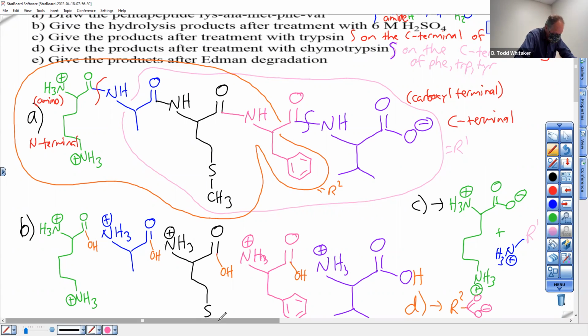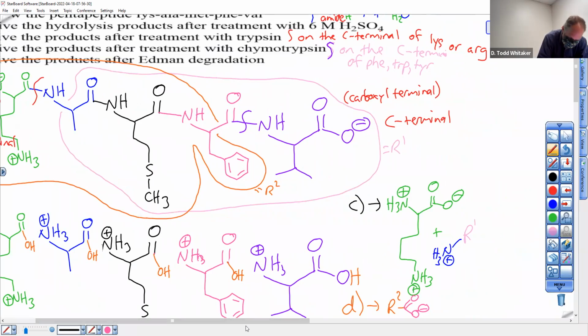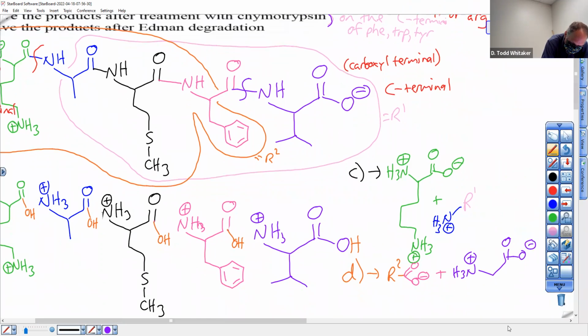Plus the purple thing, H3N plus goes down to that, up to this, O minus and an isopropyl. Wow. I swear I drew an isopropyl. There we go. Almost there.